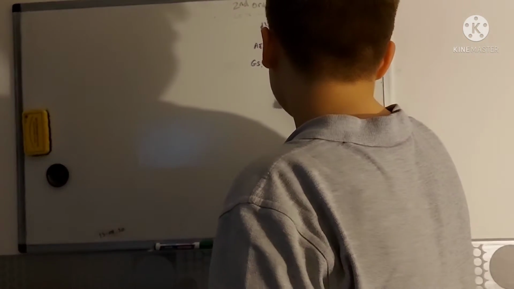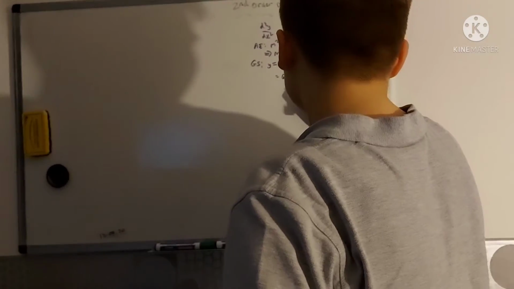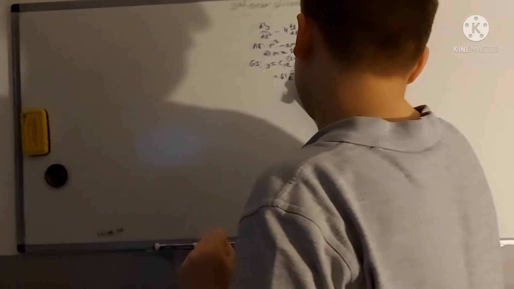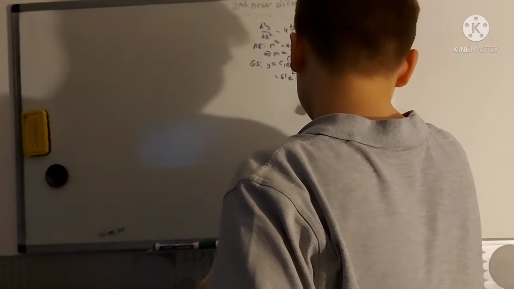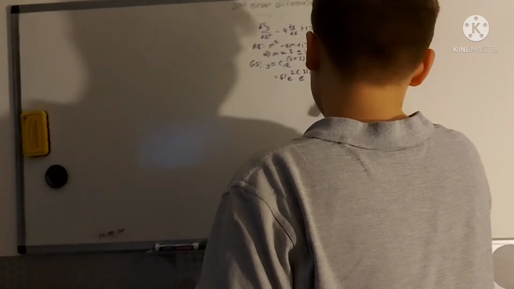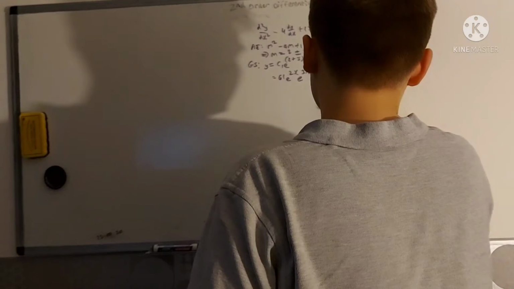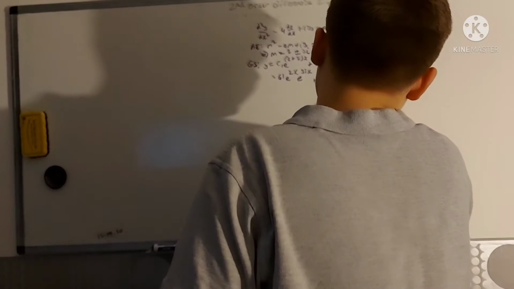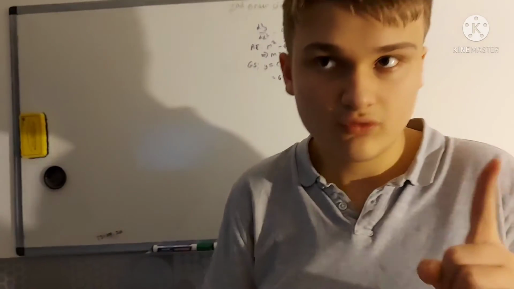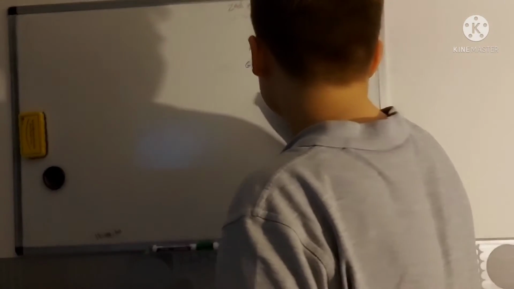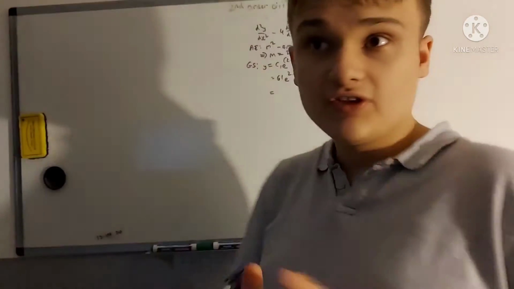You've got c1 e to the 2x times e to the 3ix, plus c2 e to the 2x times e to the minus 3ix. You have to be careful where you put your c2s and all that. Then I can factor e to the 2x out at the front.